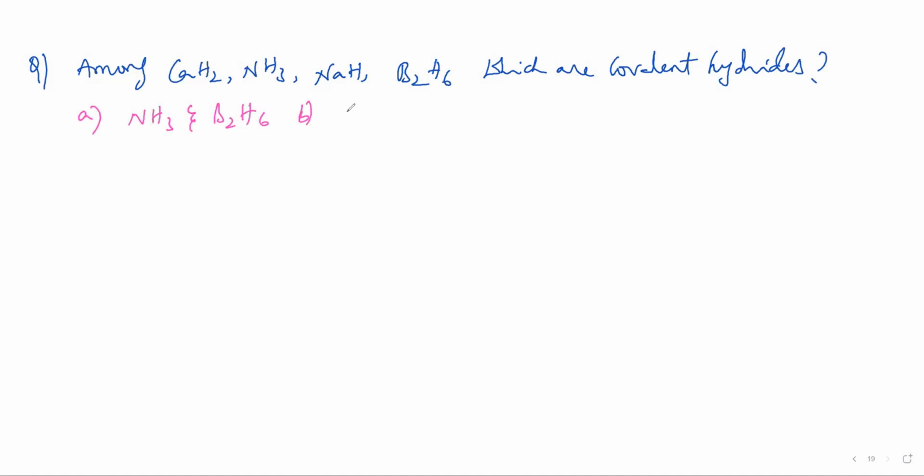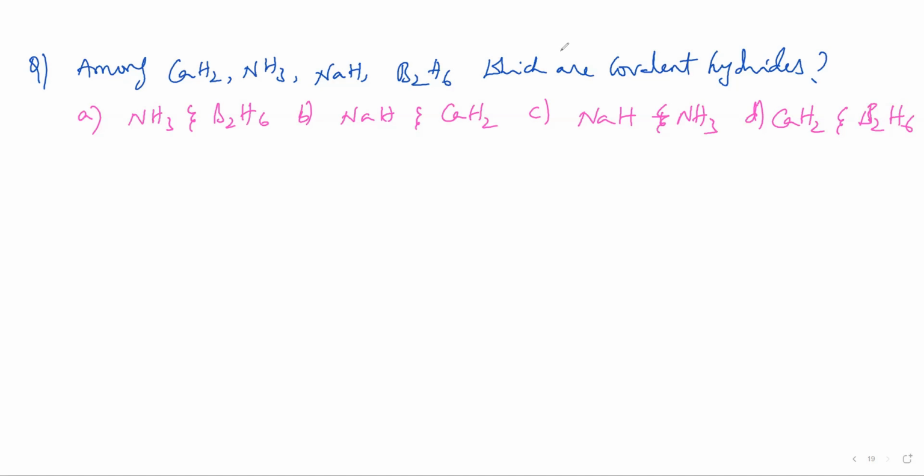Next option, NaH and CaH2. Third option, sodium hydride and ammonia. Next option, calcium hydride and B2H6. Right? Now, we need to find out covalent hydrides.